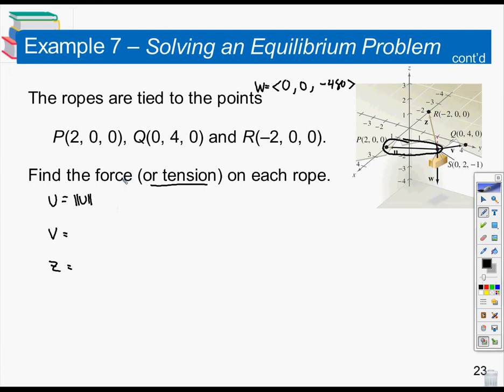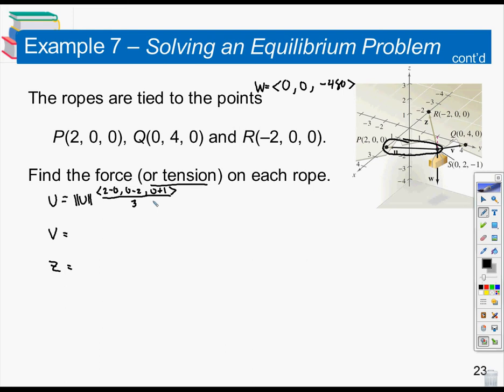So what am I going to get here? I'm going to get, let's see, 2 minus 0, right? The x's, 2 minus 0. Then the next y's, 0 minus 2. And the z's, 0 minus negative 1. That's the component form of that over the magnitude. That's going to be 2, negative 2, 1, which means the entire magnitude is going to be 3.